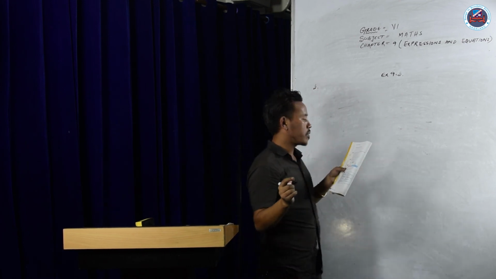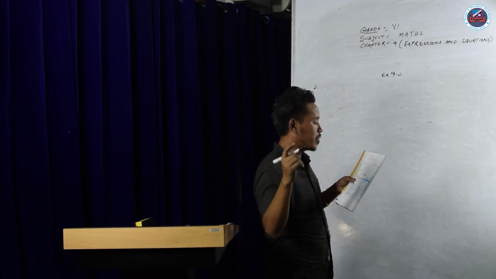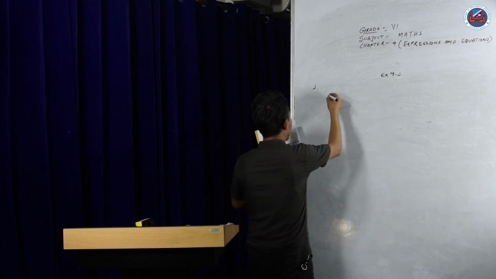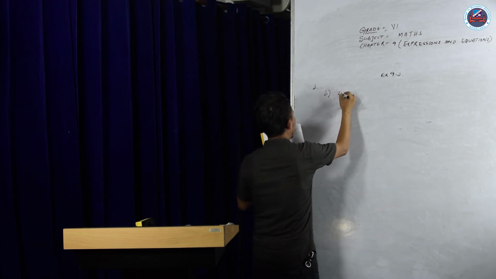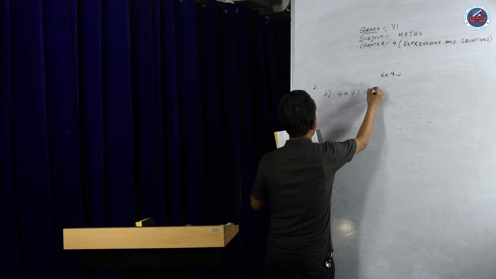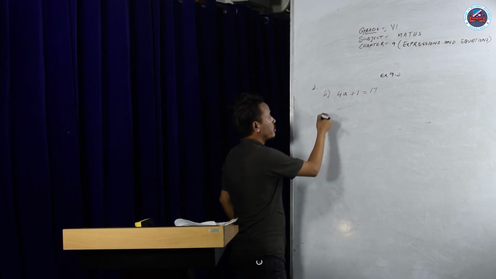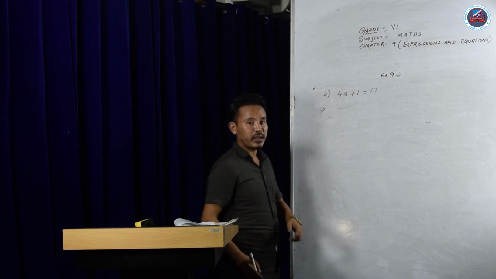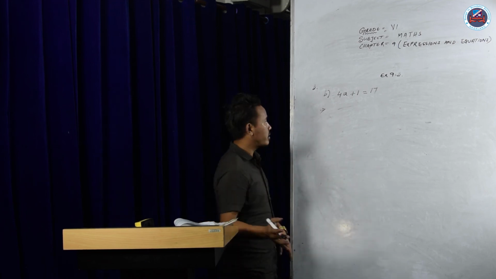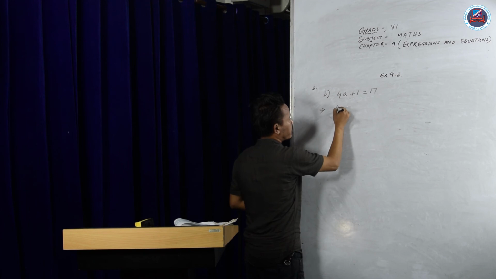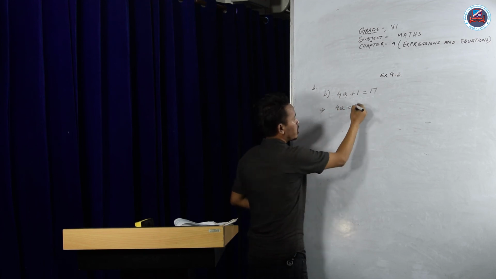Solve each of these equations and check your answers. Let me do two sums here. That is number B, 4a plus 1 equals 17. As we know, variables we keep on the left hand side and the numbers we transpose to the right hand side, right? So 4a equals 17.